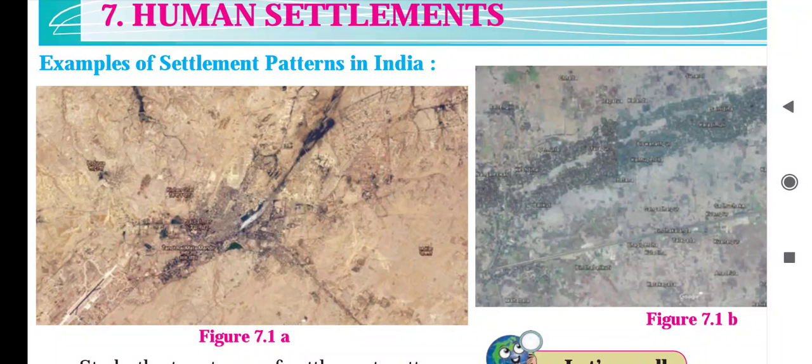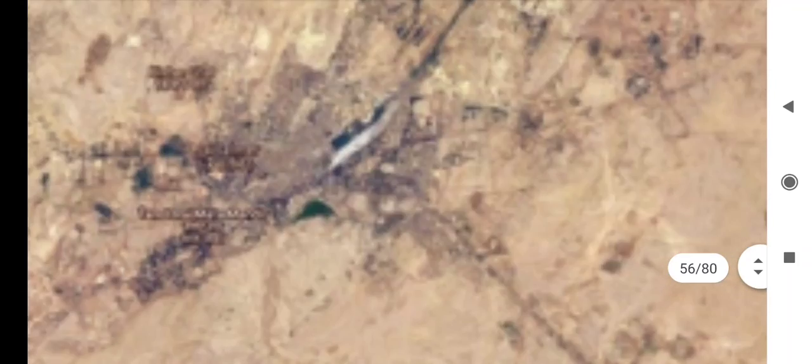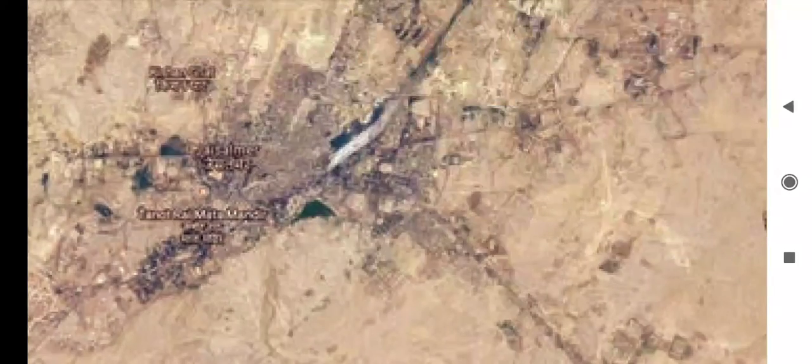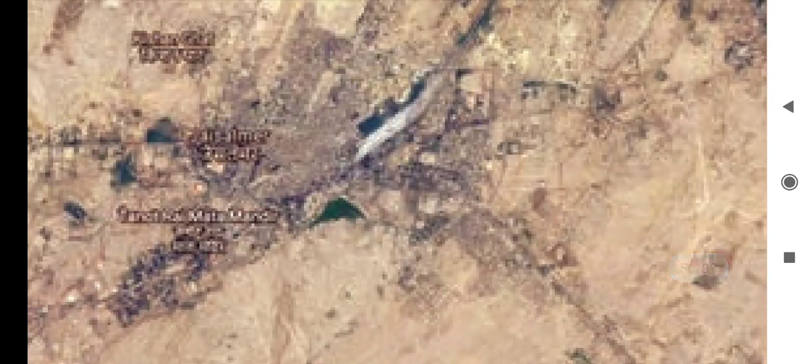So see, examples of settlement pattern in India. Here two examples are shown, 7.1a and 7.1b. You have to observe both the figures. So see first 7.1a. It is a satellite image. See students, you can see this dark color shade. It is showing that many people are living in this area, means a number of families are living in this region.